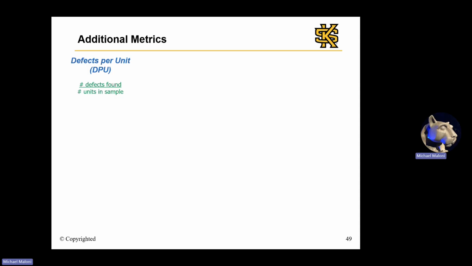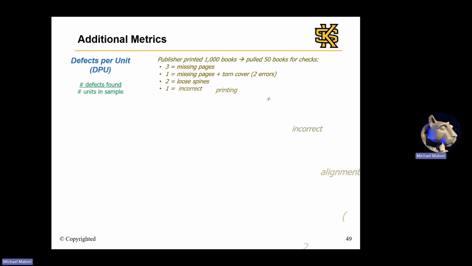So if we look at an example with a publisher who prints 1,000 books, so we pull 50 of these for quality checks and found that 3 had missing pages, and then 1 had missing pages plus a torn cover. So that counts as 2 errors. And then 2 had loose spines, and then 1 had incorrect printing and incorrect alignment. So that also counts as 2 errors.